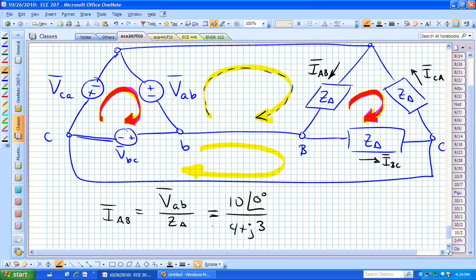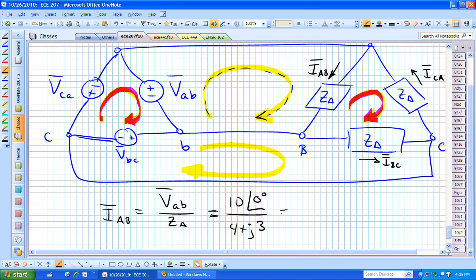And if I say find I sub AB on the exam, I probably do not want it left in that form. I probably want it cleaned up a little bit, meaning a complex number, not a ratio of complex numbers. I either want this I sub AB as a rectangular complex number or a polar form of a complex number.